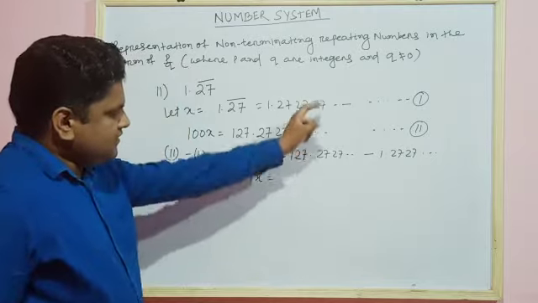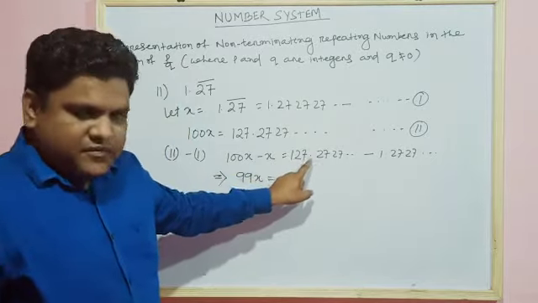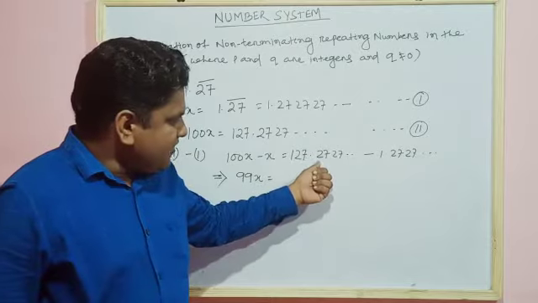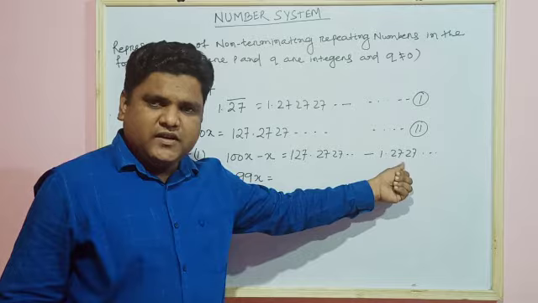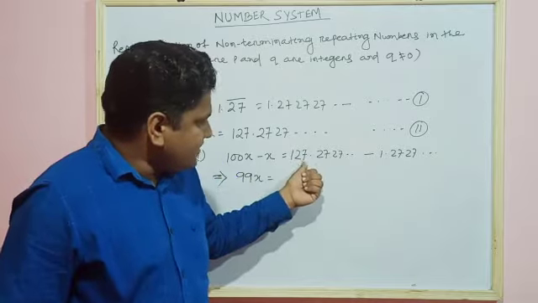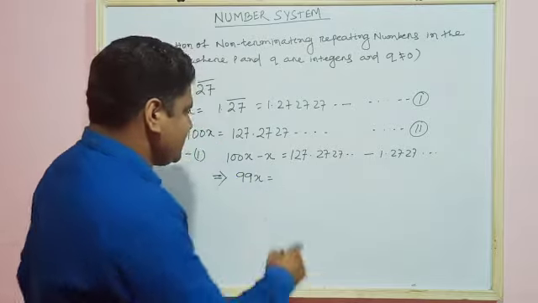See here, after the decimal, same numbers are present in both cases. So this part will be eliminated and 127 minus 1 is 126.